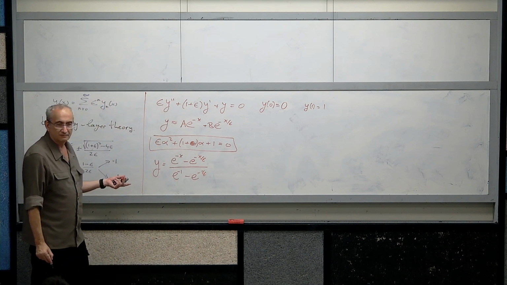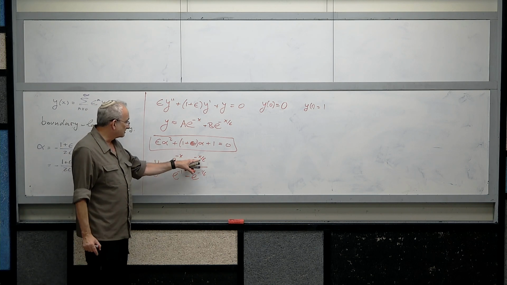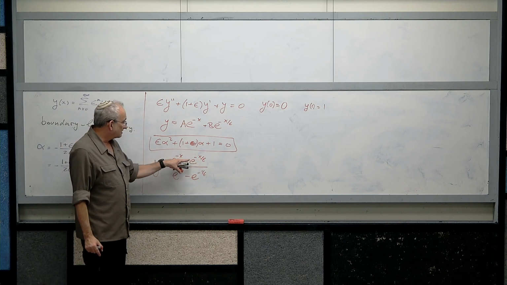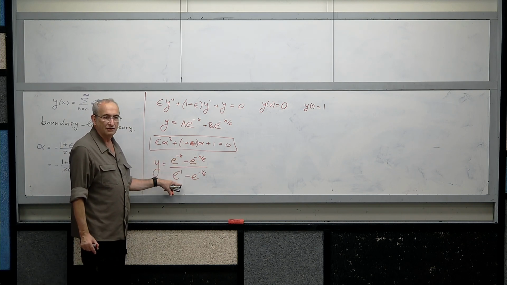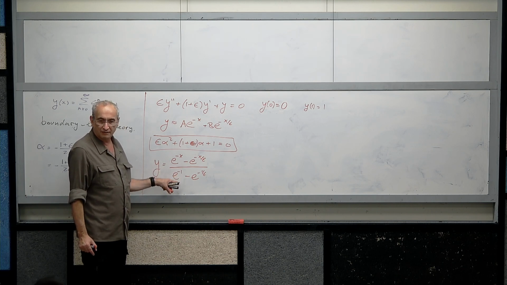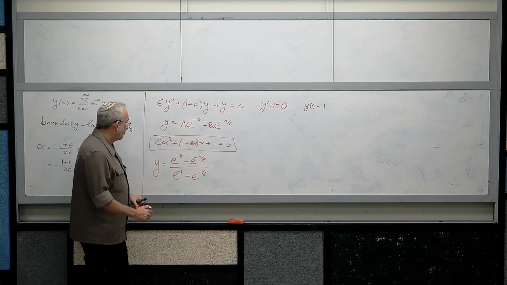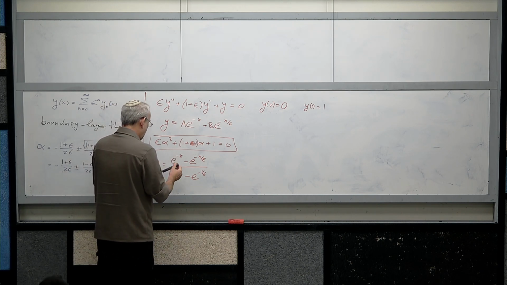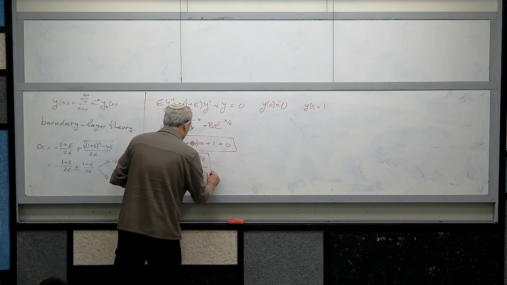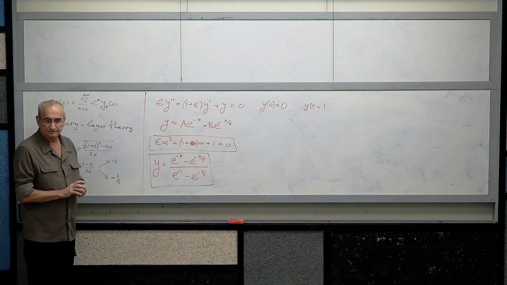So please convince yourself that when x goes to 0, this is 0. When x goes to 1, the denominator and the numerator are the same, so I will get 1. Okay, so this is a solvable equation with this solution that I will mark in purple. Good.